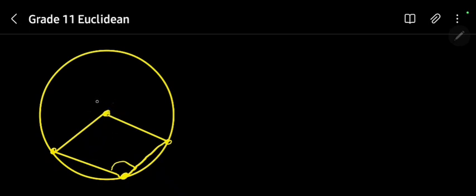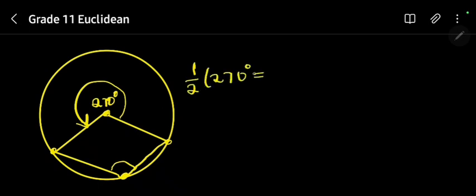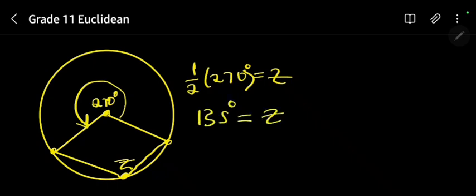We are told that this angle here is 270 degrees. If this angle is 270, then what about the one at the circumference? That's easy. The one at the circumference is going to be half of 270 degrees. They just called it Z. Half of 270 is 135 degrees. It is equal to that angle.